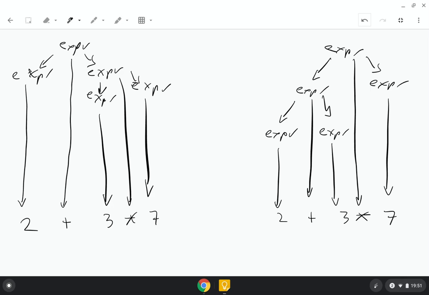You could add another term. Yeah, that's right. You could actually modify the grammar itself. Instead of allowing an expression to have any operation, you could restrict expressions to only have certain operations.